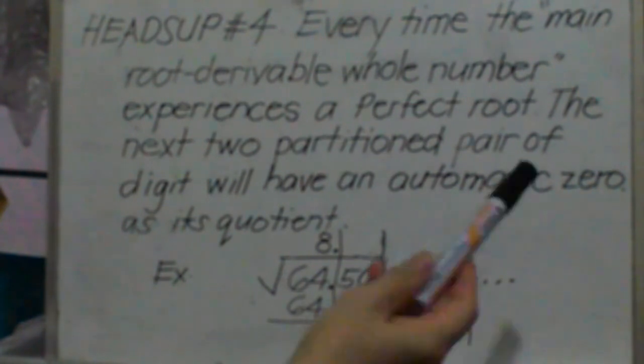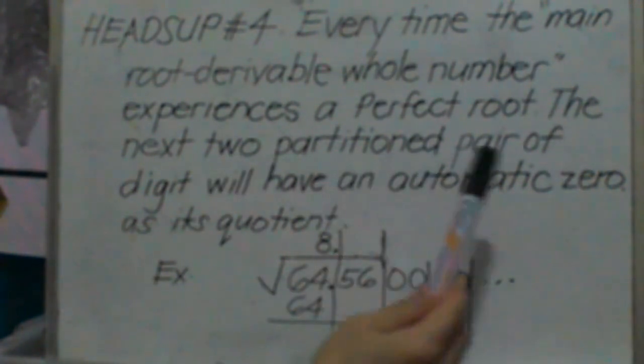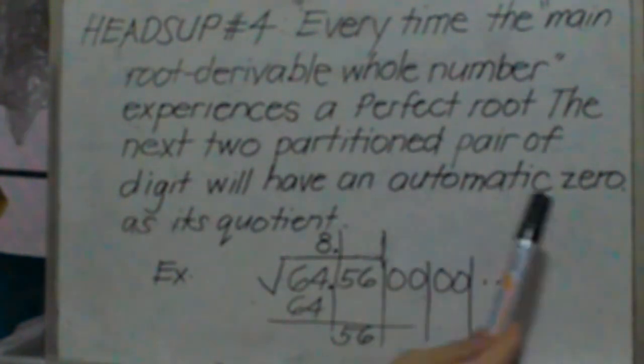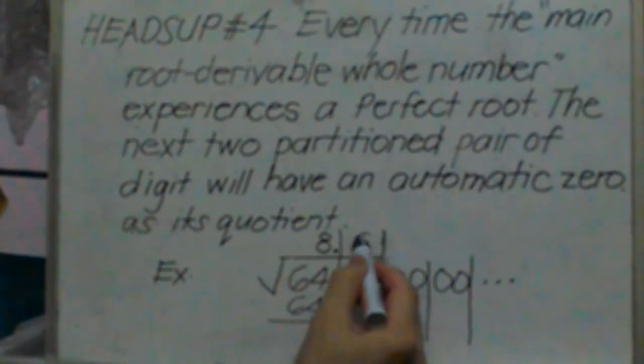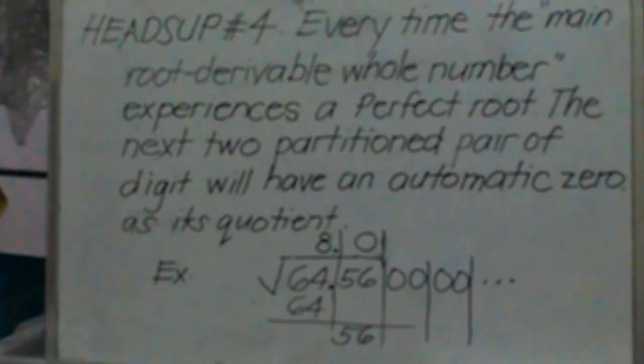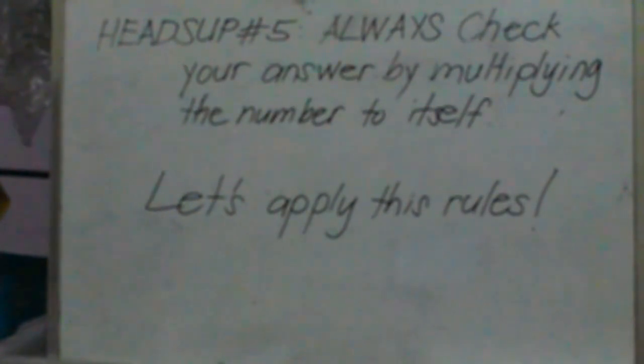Now it says here the next two partitioned pair of digits will have an automatic 0 as its quotient. So we write 0. And lastly, always check your answer by multiplying the number to itself.